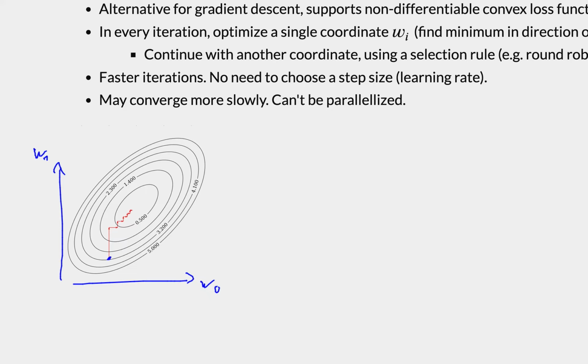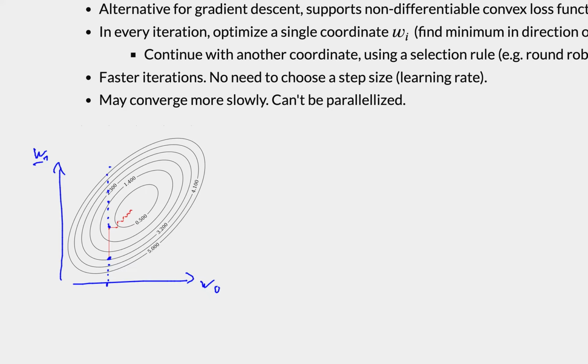So if you would look at this contour, so these contours here are a loss function. You can see it's convex. And we will find the point in this line which has the lowest value, which is here. So it will completely optimize W1 in one step, but only for this value of W0.